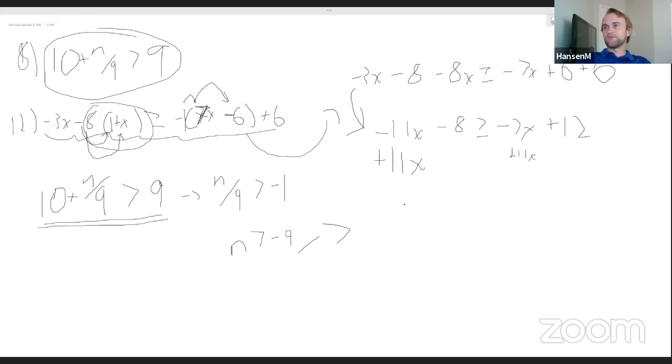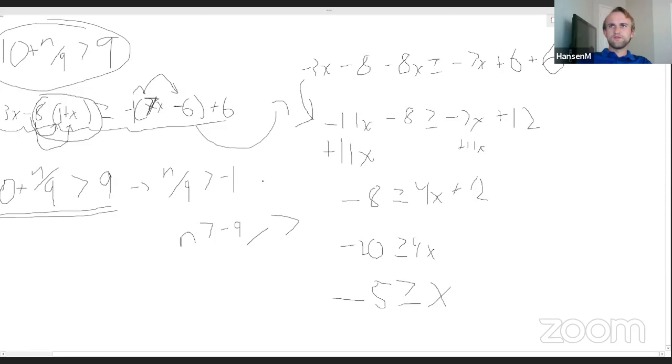That simplifies our inequality such that negative 8 is greater than or equal to 4x plus 12. And then it's just like solving any other inequality, where we'll subtract 12 from both sides and get negative 20 greater than or equal to 4x. And negative 5 is greater than or equal to x.